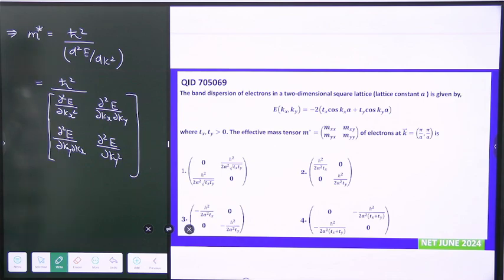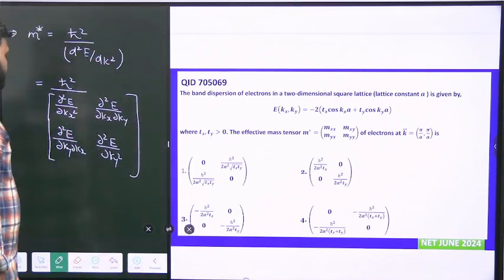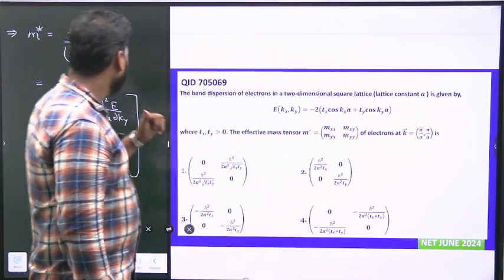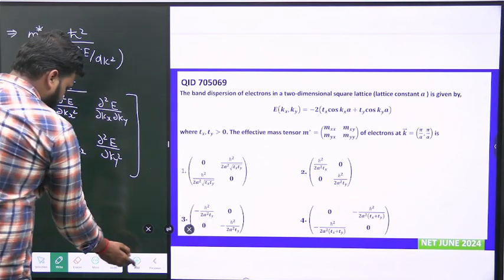This is what we have to find out, and the dispersion relation is given to us. Let's find out one by one all these four entries, and at the particular point pi by a comma pi by a, we'll put in the values and get our answer. It's quite easy. Let's do it.